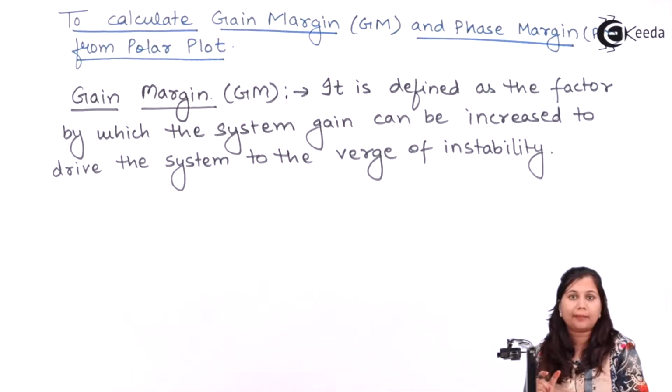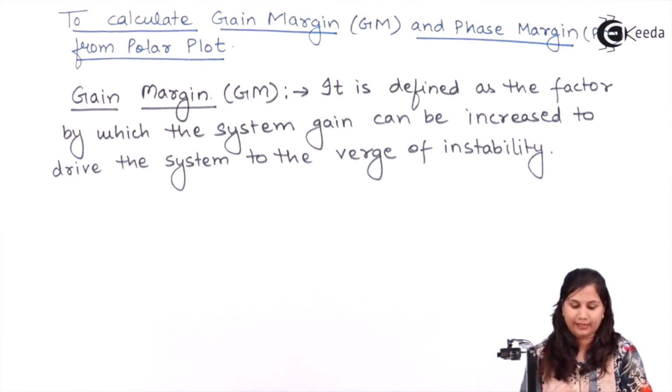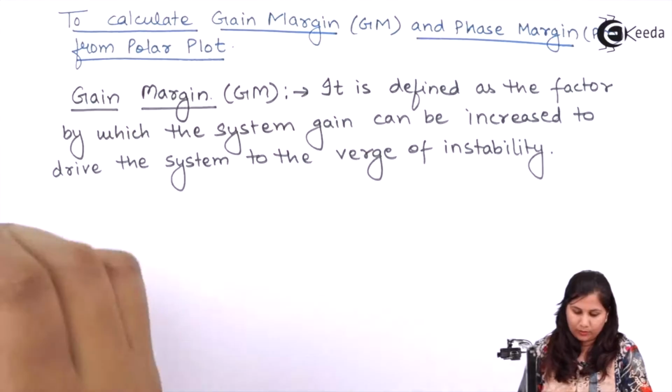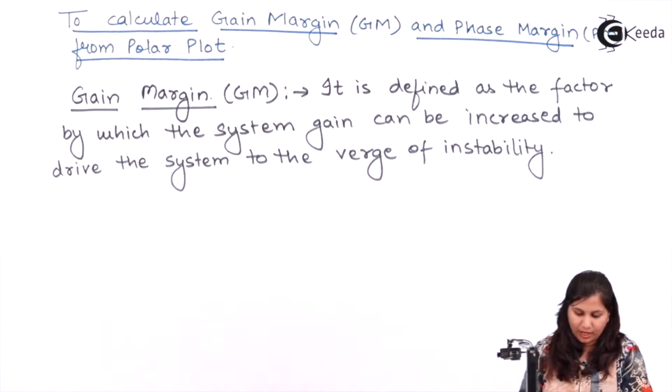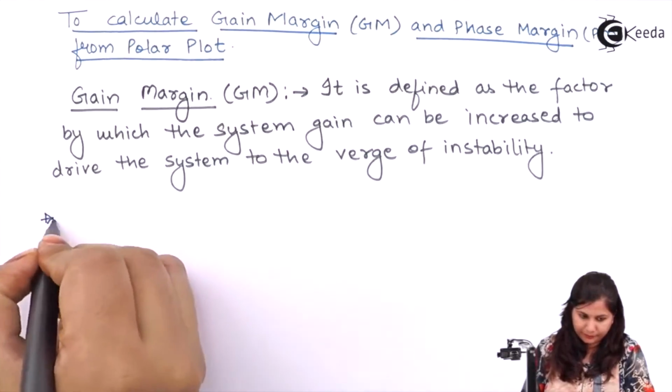That is, it is the amount by which we have to increase the system gain so that the system goes towards the instability area. Now, how can we get the gain margin from the polar plot?